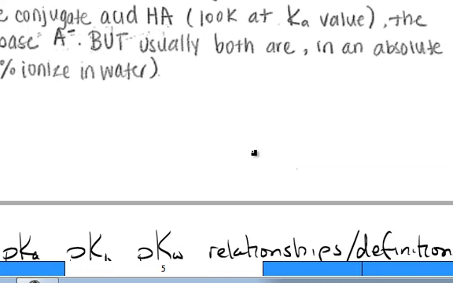We can infer, though, that the conjugate base of a very, very weak acid would be appreciably stronger, even if it's weak overall.